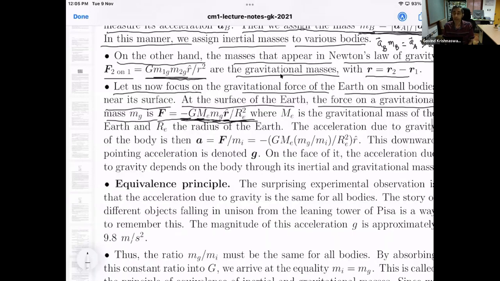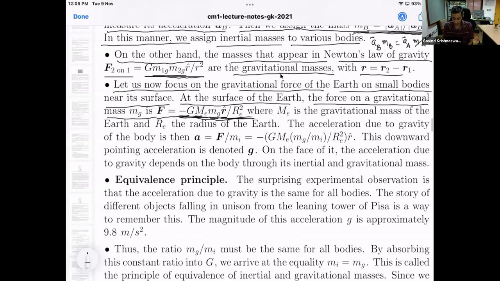Now we define a new concept called the acceleration due to gravity. And for that you need Newton's second law. So the acceleration due to gravity of this body is given by a, and that is defined using Newton's second law. It is the ratio of the force that the body feels, in this case the gravitational force, divided by the inertial mass of that body.